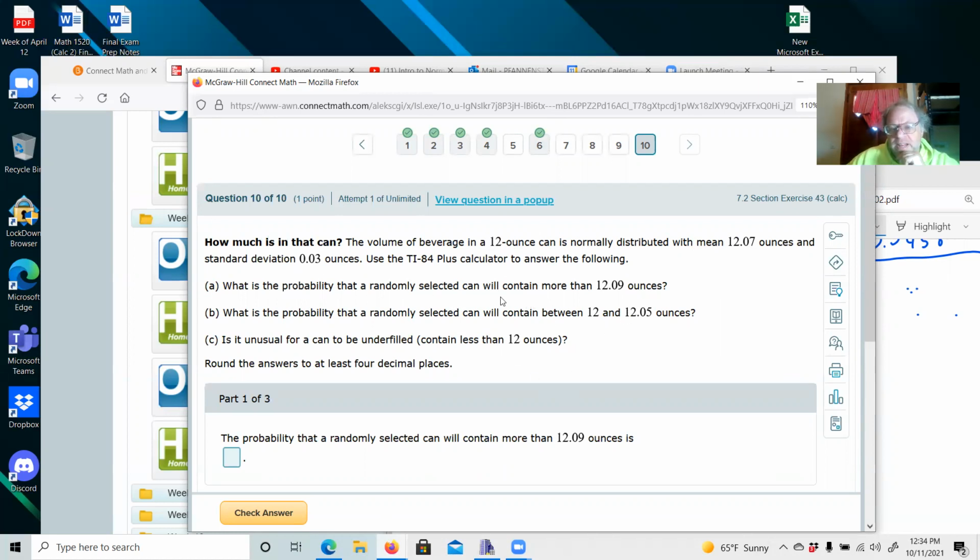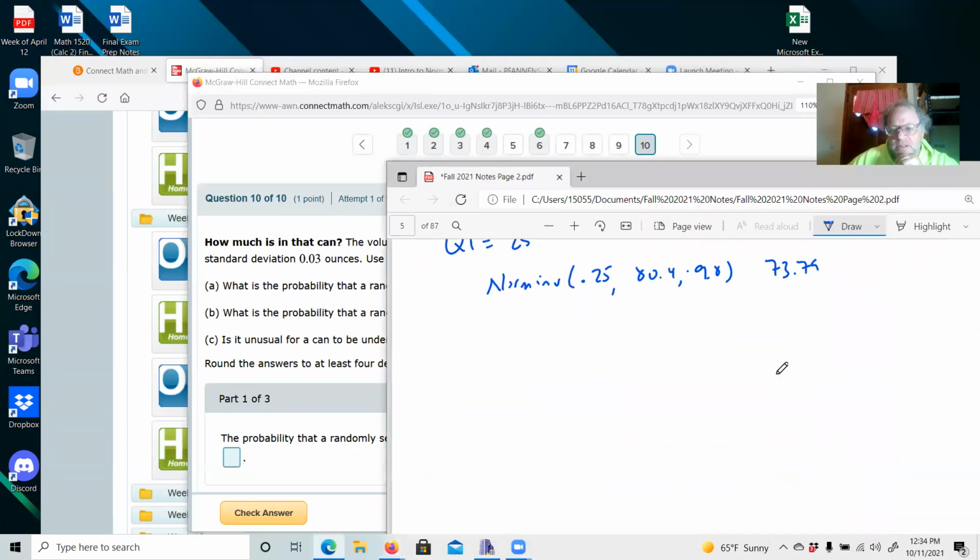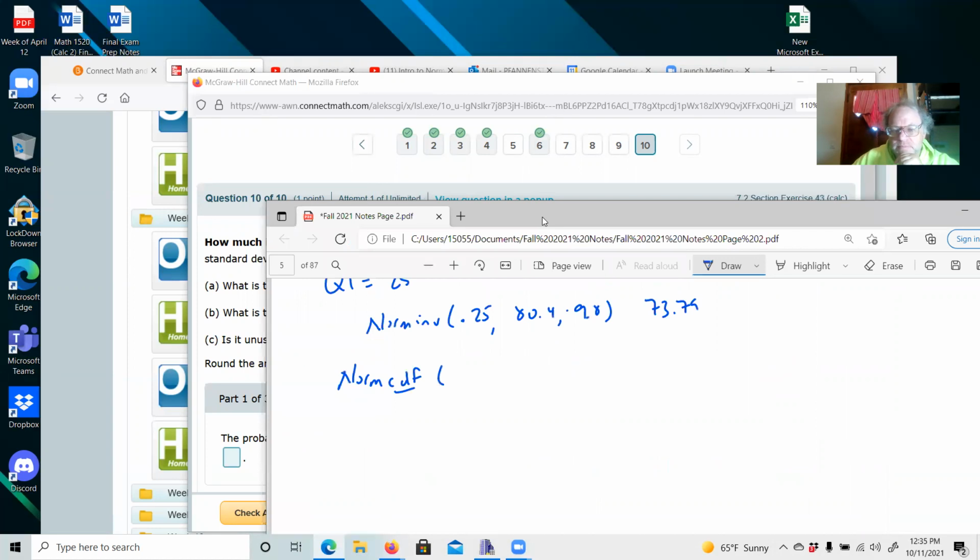What is the probability that a can is going to contain more than 12.09? Let's go ahead and look at that. We want norm. We're looking for a probability, so CDF. We want 12.09. We want a high number.